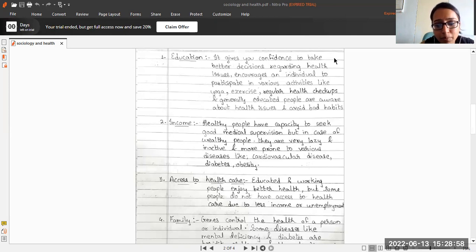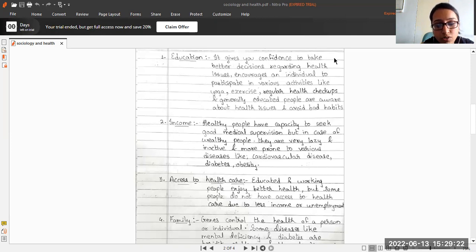But some people who have less income or who are unemployed cannot gain better health or those facilities, as they are unaware, or they cannot afford to pay for the tests or health checkups, etc.